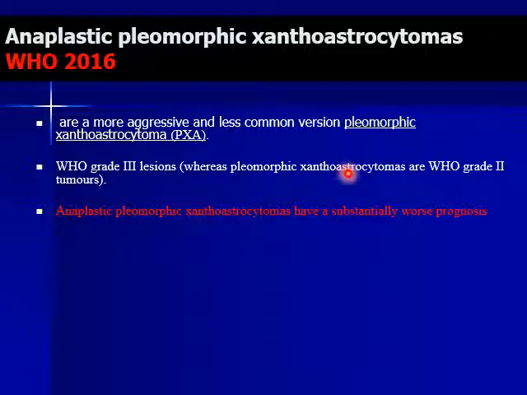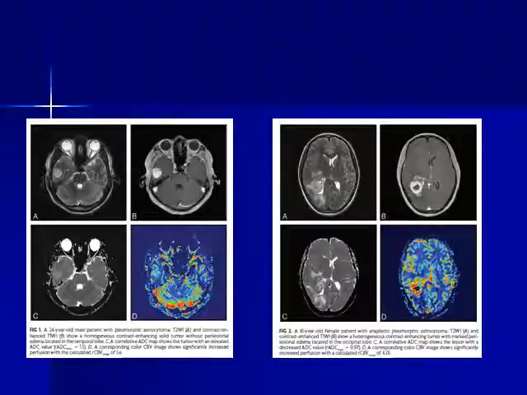In the WHO 2016, another version of PXA, which is called Anaplastic Pleomorphic Xanthoastrocytoma, is a more aggressive and less common version of PXA. It is WHO grade 3, which has a worse prognosis.